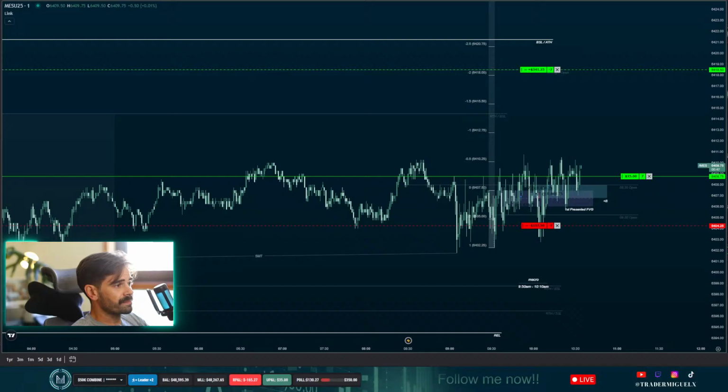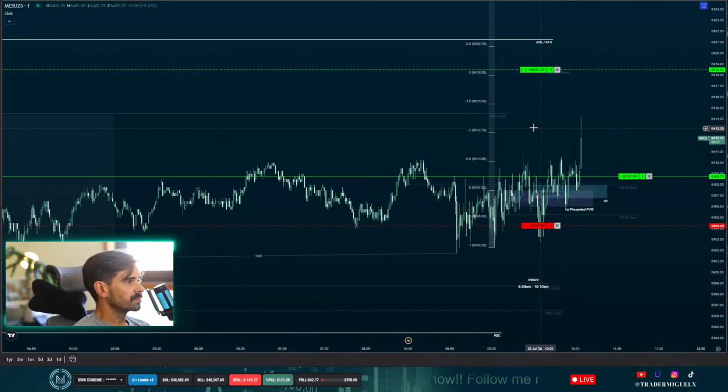Yeah, I hope this long works, but I'm not sure about it honestly, because NQ is whoa. See, this type of price action, I really don't like it honestly.